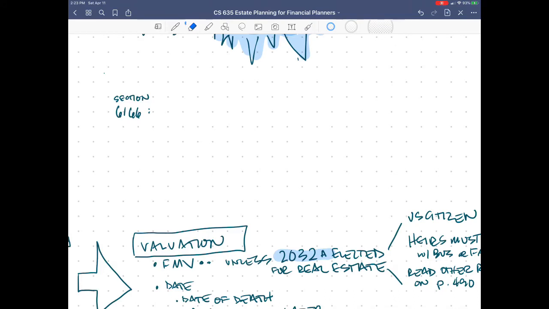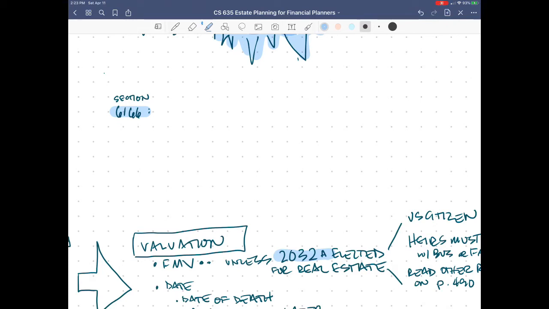So there's another scenario where a closely held business might create problems from an estate tax standpoint. When we talk about closely held businesses, this could include farms. Section 6166 allows you to elect to make installment payments of the estate taxes you owe, at least those estate taxes that are tied to that closely held business.